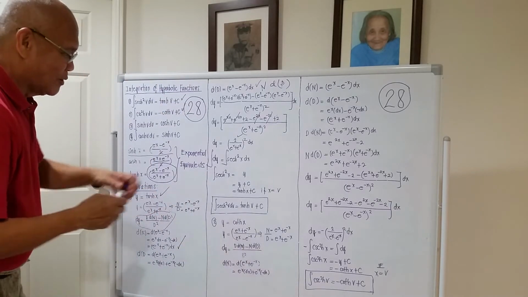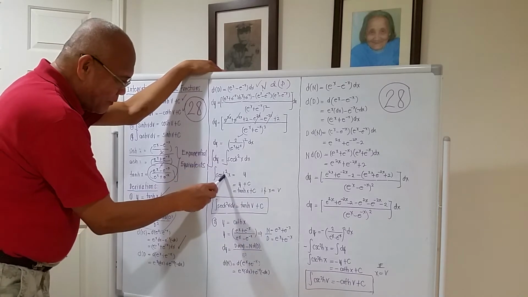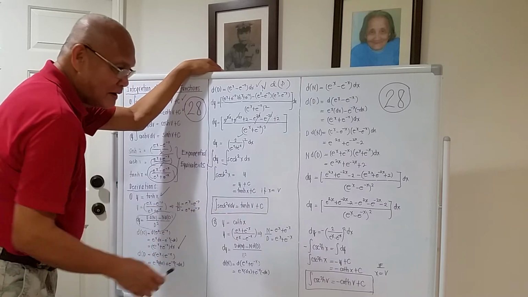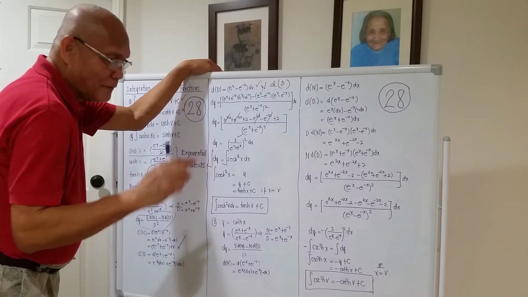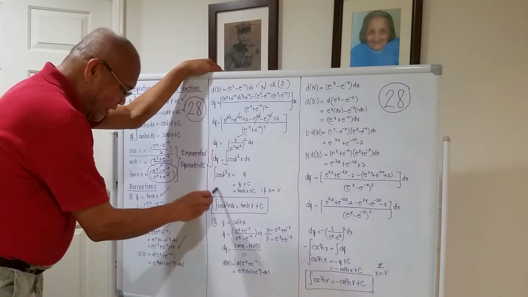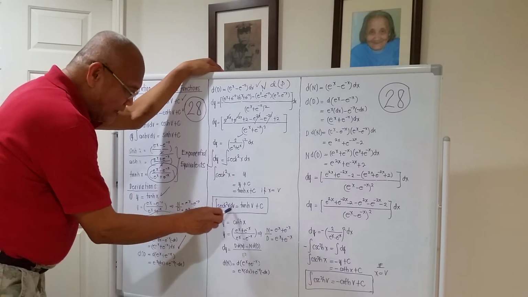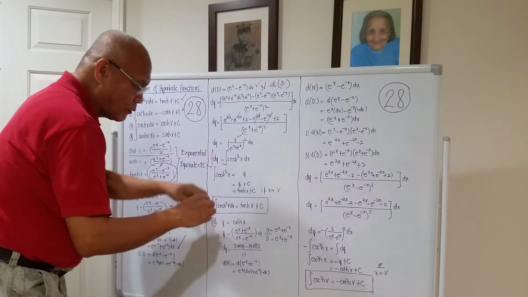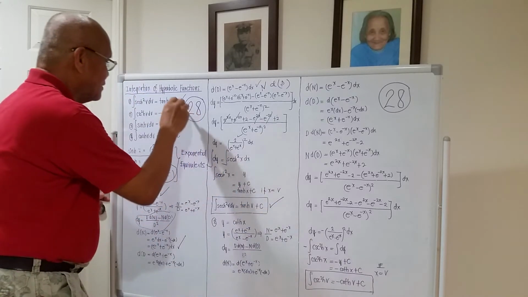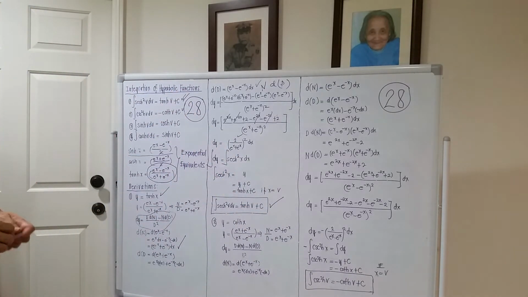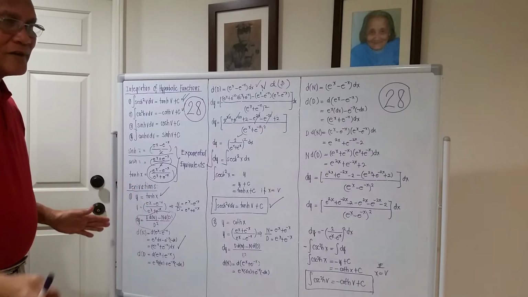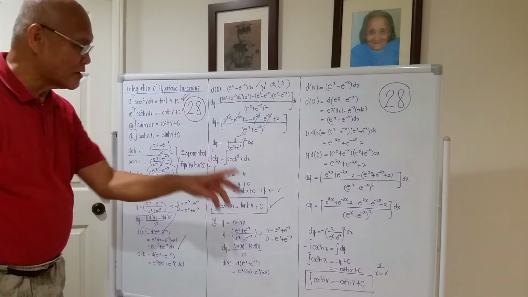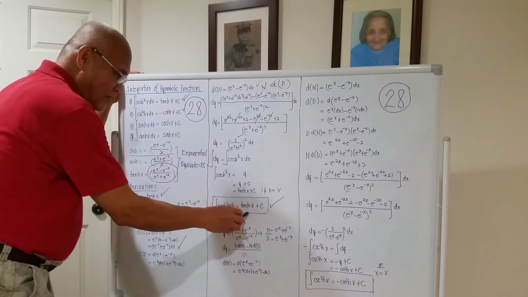So the integral of hyperbolic secant square of x equals hyperbolic tangent of x plus c. To be more general, if x is equal to b, the integral of hyperbolic secant square of b db should be hyperbolic tangent of b plus c. That's formula number 1. Just in case you get a problem asking for the integral of hyperbolic secant square of b db, the answer should be hyperbolic tangent of b plus c.